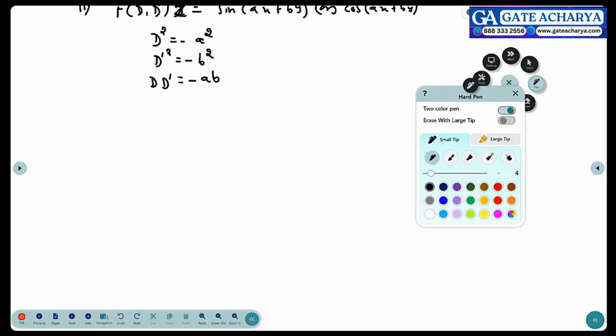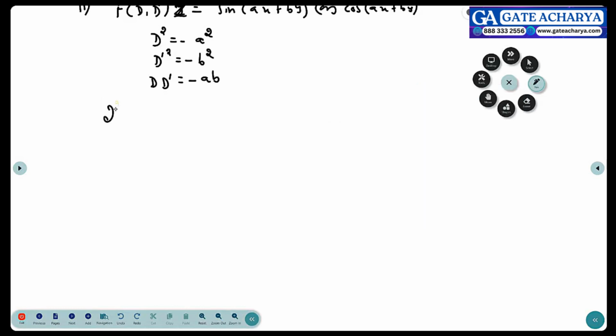Find the solution of a gate like question. Find the solution of dou square z by dou x square minus dou square z by dou y square. Solve this equation.